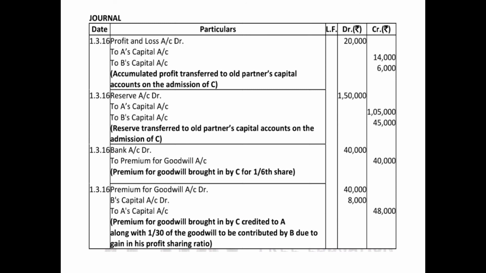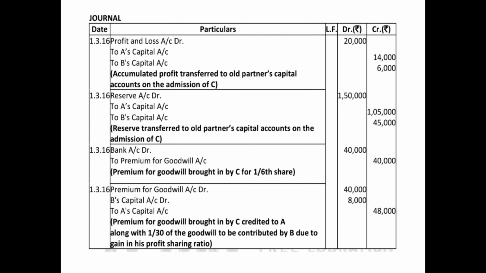So B's capital account debited 8,000 to the sacrificing partner, that is A's capital account 48,000 in totality. The narration can be premium for goodwill brought in by C credited to A along with 1/30th of the goodwill to be contributed by B due to gain in his profit sharing ratio.